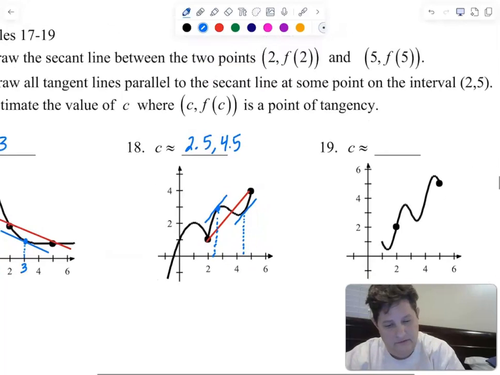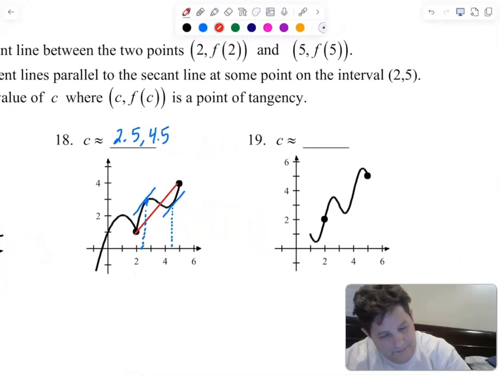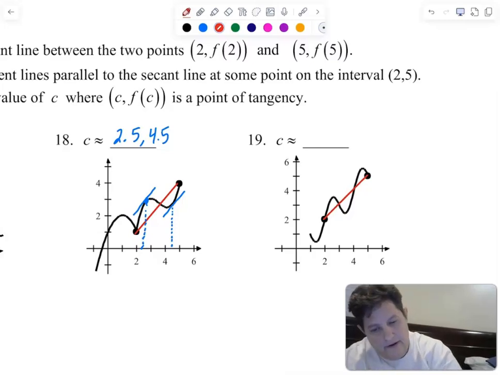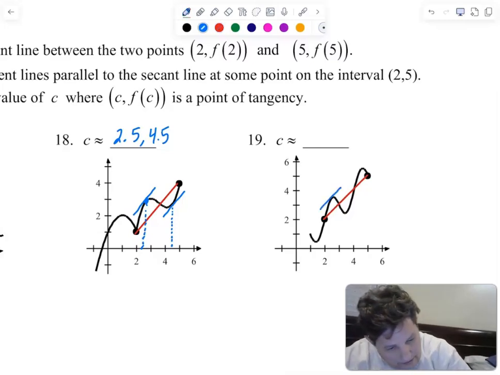And then here, oh dang, this one's got 3. Got 1 here. What does that look like? Maybe like 0.5, 3.5.